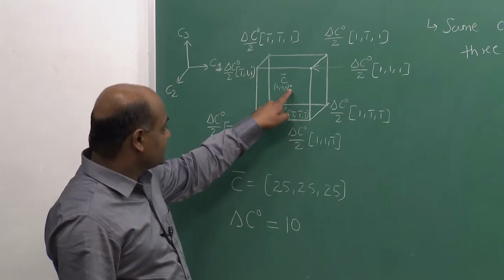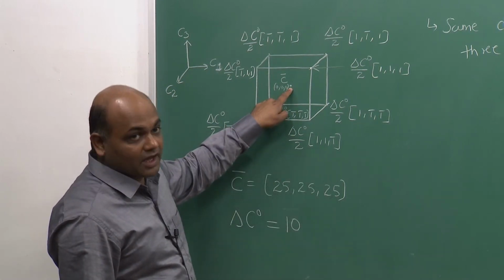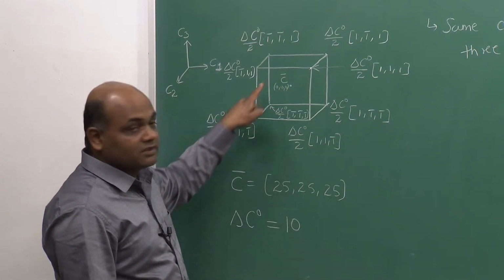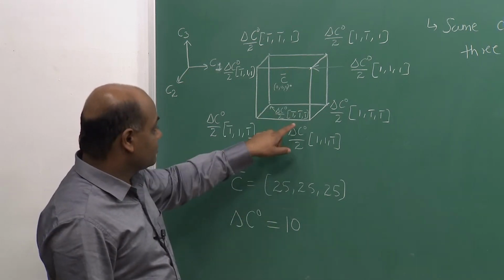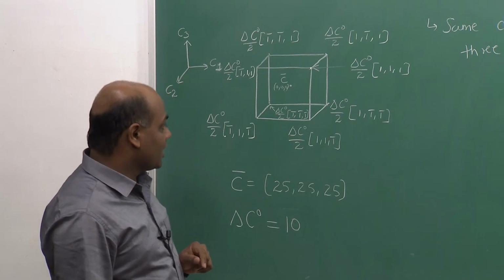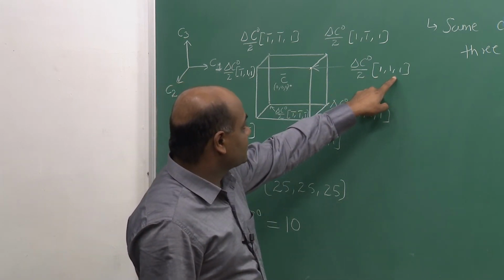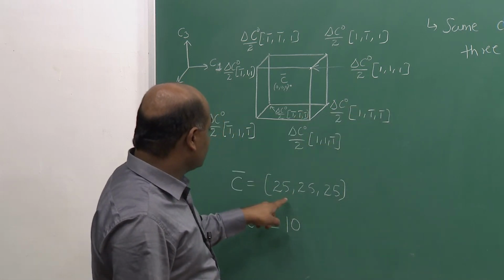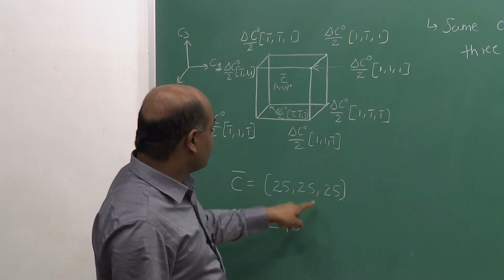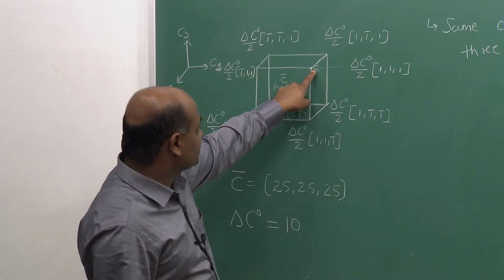With this, the center here is 25, 25, 25. I need to find out the 8 corner compositions, and these coordinates will help me to do that. Okay. So, delta C0 by 2 1 1 1 means I need to add 5 5 5, 10 by 2, 5 5 5 to this to get the composition of this corner.